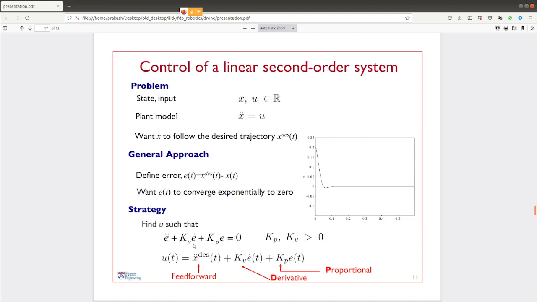Kv acts like a damping coefficient and Kp acts like a spring stiffness, where spring stiffness and damping coefficient have to be positive. That's one necessary condition in order to have this error die down in this equation.